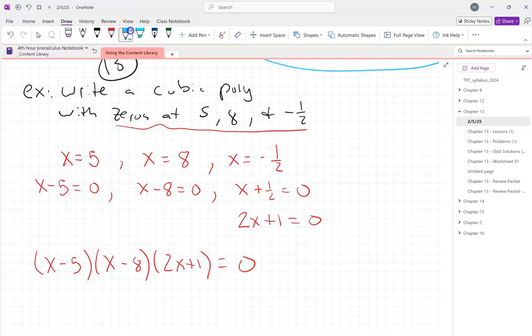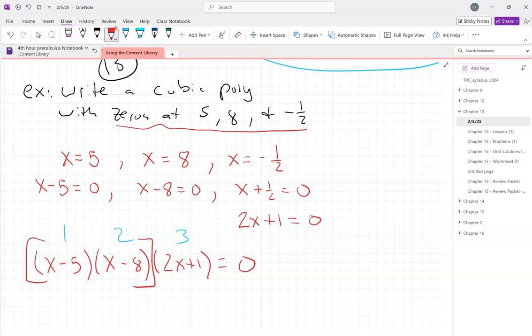Since I have 1, 2, 3 x's that I'm going to be multiplying together, this is going to give me a degree 3 polynomial. And because the solutions to each of these separate factors are 5, 8, and -1/2, the resulting polynomial is going to have zeros 5, 8, and -1/2. This is going to give me exactly what I want. I just need to FOIL this out now.